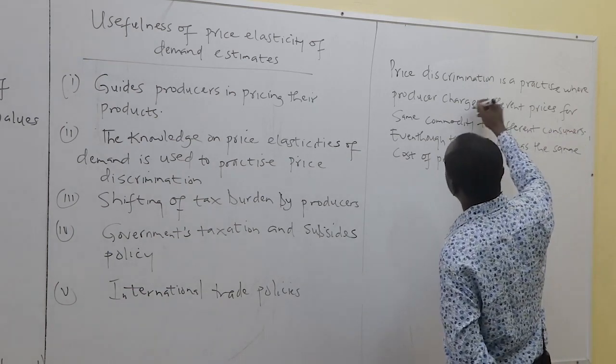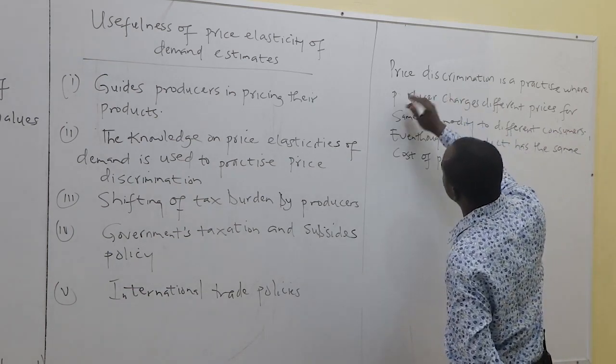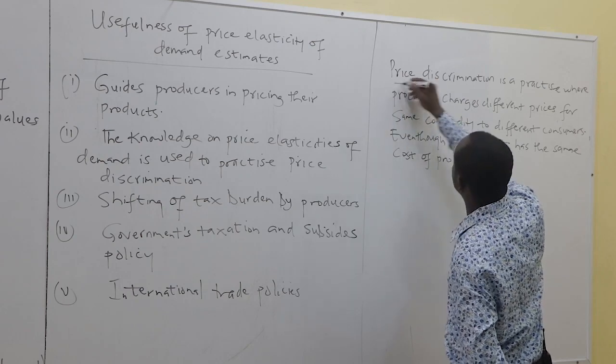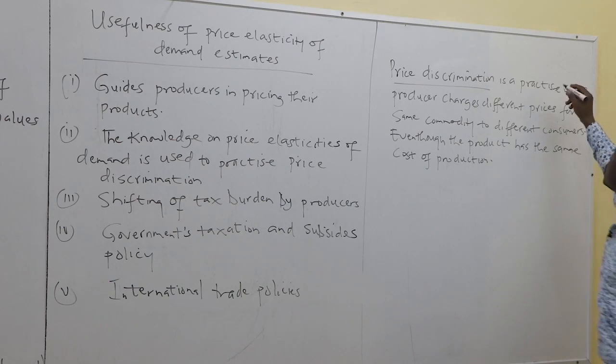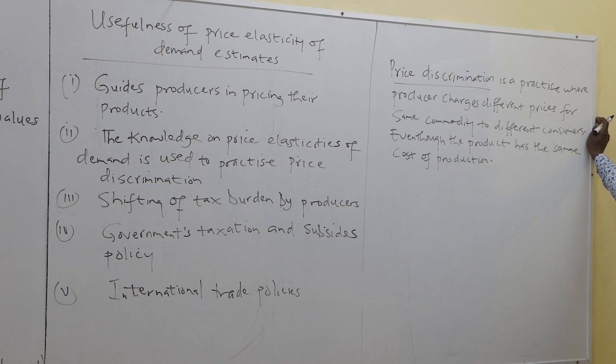Price discrimination is a practice where a producer charges different prices for the same commodity to different consumers, even though the product has the same cost of production.